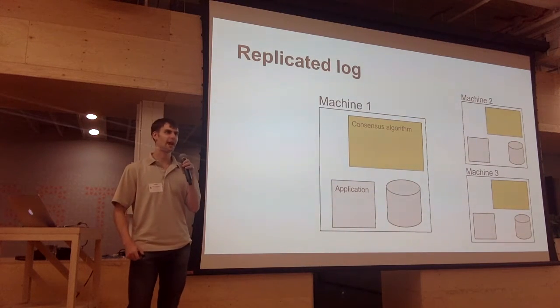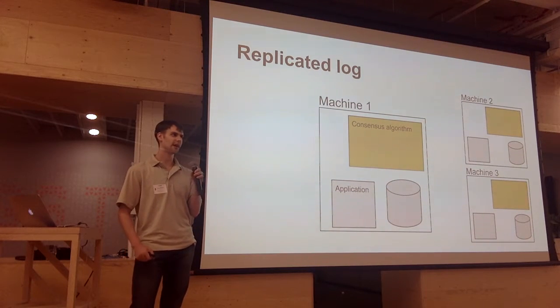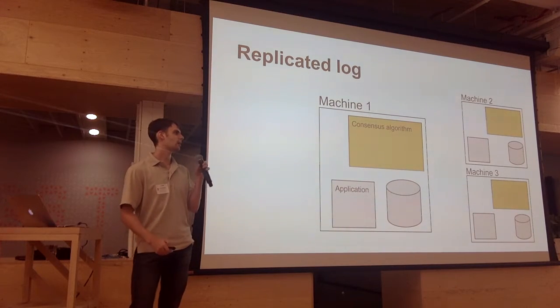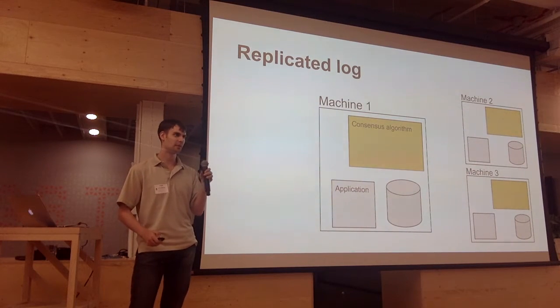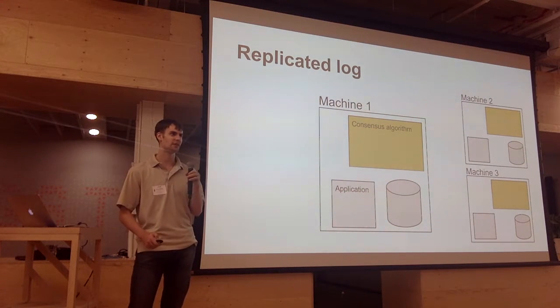So this is what Raft gives you, and this is what other consensus algorithms either give you directly or you can build it using them. A replicated log is just a log of operations where all of the machines get to see them in the exact same order. And it gives you a few other properties that I'll talk about a little bit later that make it easy to write an application on top of it.